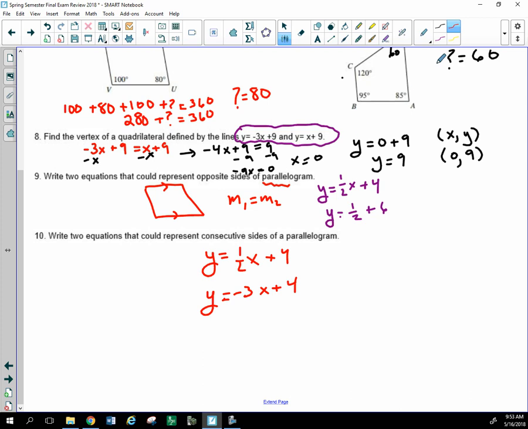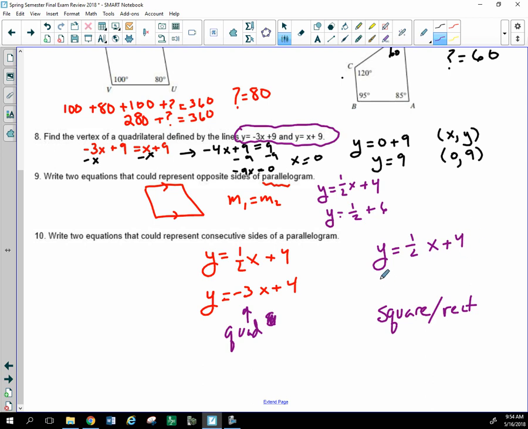Another way, if I needed this to be, say, a square or a rectangle where I had a right angle, then I would concern myself with the slopes a little bit more and make sure that they're perpendicular. So this is just a quadrilateral down here. But if I wanted, say, a square or a rectangle, then the slopes would be perpendicular to one another, and so I might write y equals 1/2 x plus 4.